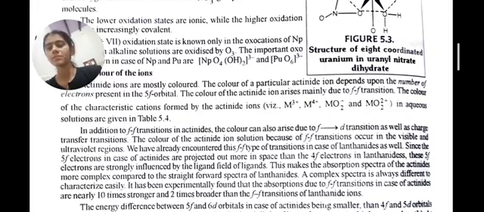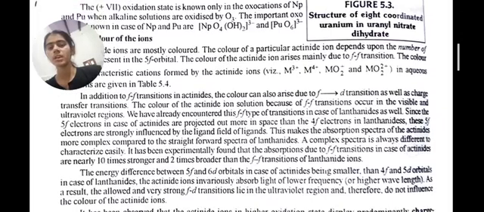Since the 5f electrons in actinides are projected out more in space than the 4f electrons in lanthanides, these 5f electrons are strongly influenced by the ligand field. This makes the absorption spectra of the actinides more complex compared to the straightforward spectra of lanthanides.